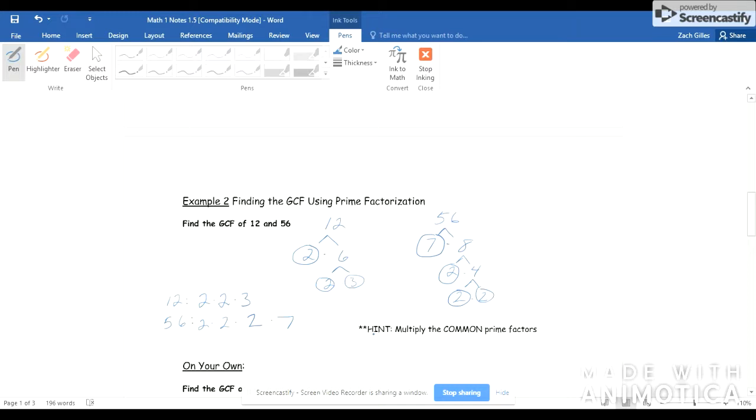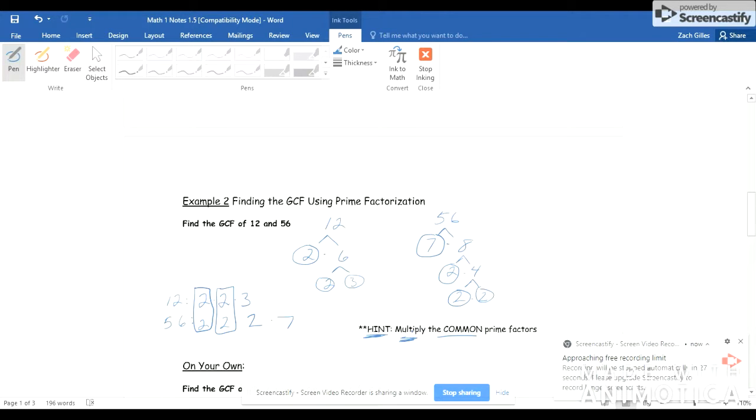And then I look over to this hint and it says multiply the common prime factors. Okay, so what are the common prime factors that I have here? Well, they both have 2 and 2 in common. Okay, they both have 2 2's in common. And what I need to do is multiply them.